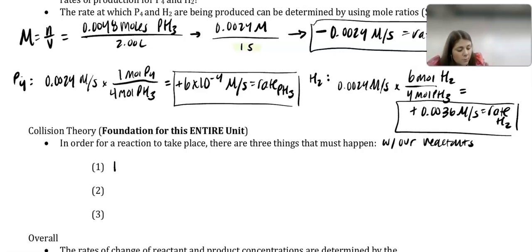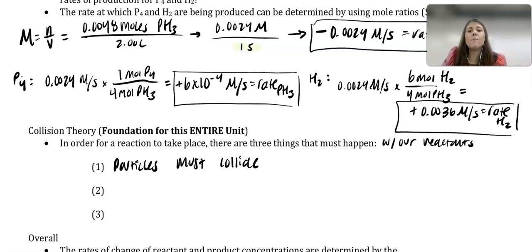So the first one, particles must collide. Whenever we have reactions, it means that those particles are colliding with one another. It may seem like something that is completely overlooked, and it is. So just noting that it isn't just like, oh, I mix the 2 things, it should happen. No, those particles have to collide, and then that's how bonds get broken and then bonds get formed.